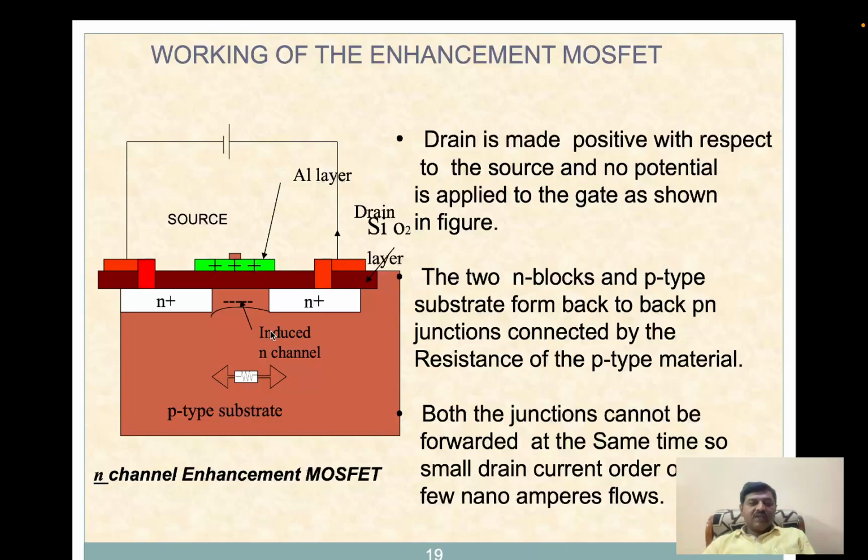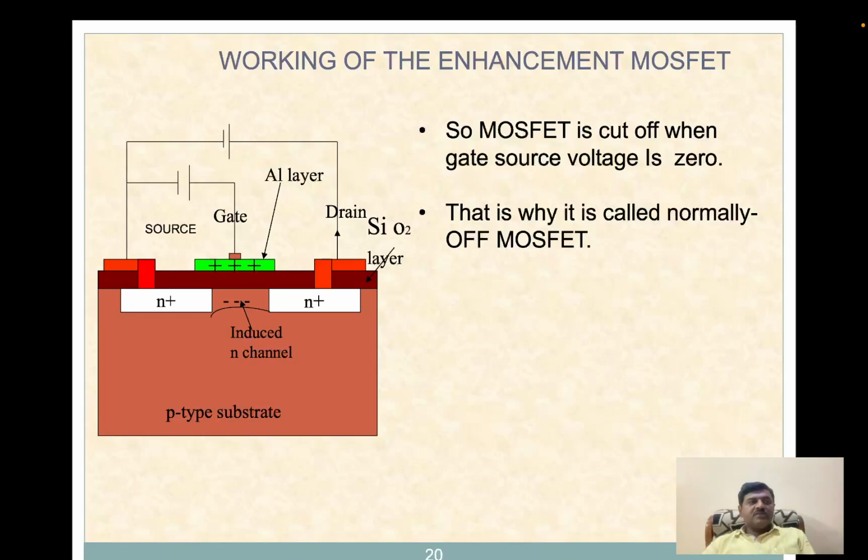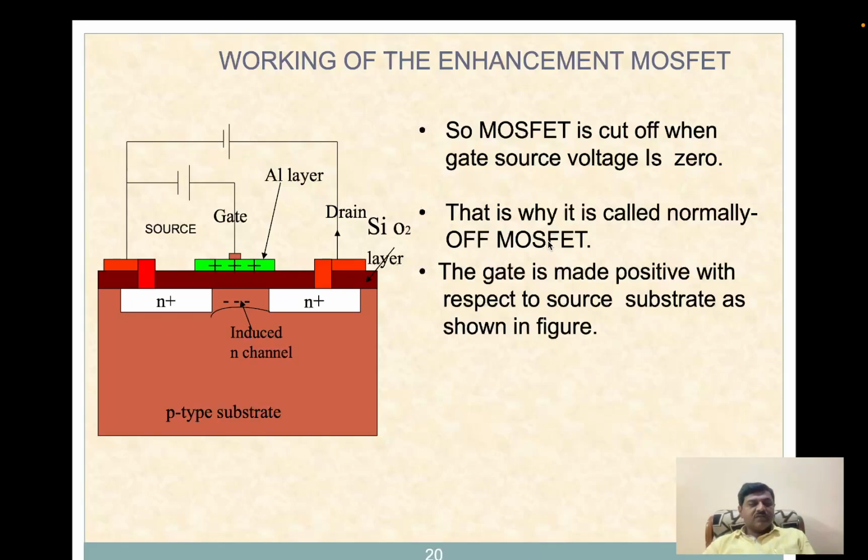This is one of the advantages of the MOSFET. If you want to manufacture a resistor on an integrated circuit, this feature of the MOSFET is used. The MOSFET is cut off when the gate source voltage is 0. This is why it is called a normally off MOSFET.